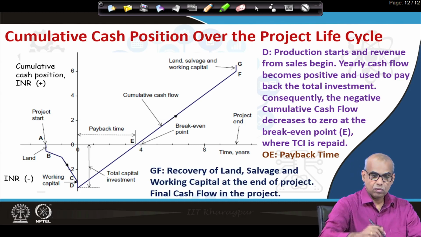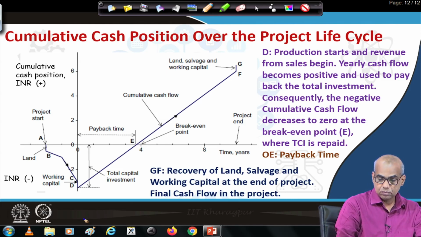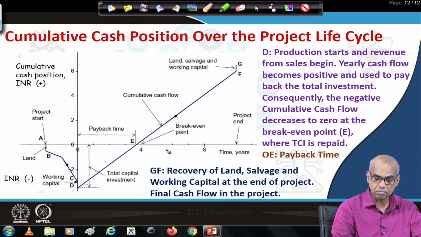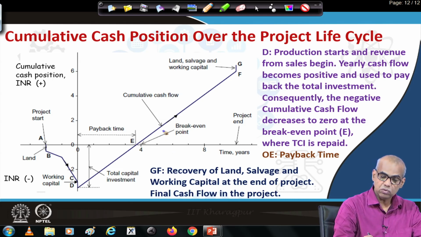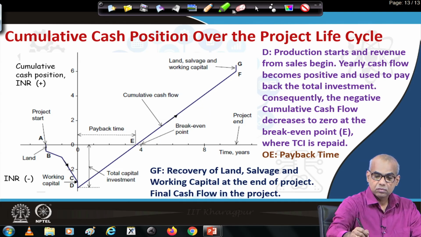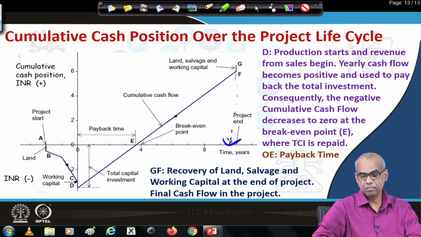Now, beyond time represented by point E, that means when you have crossed the break even point, you start making profit. So, here you are making profit. When you come to time corresponding to point F, your project ends.